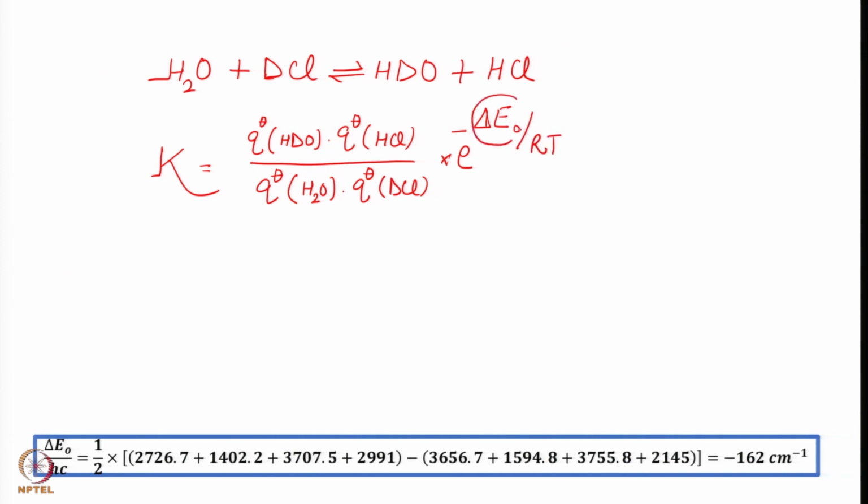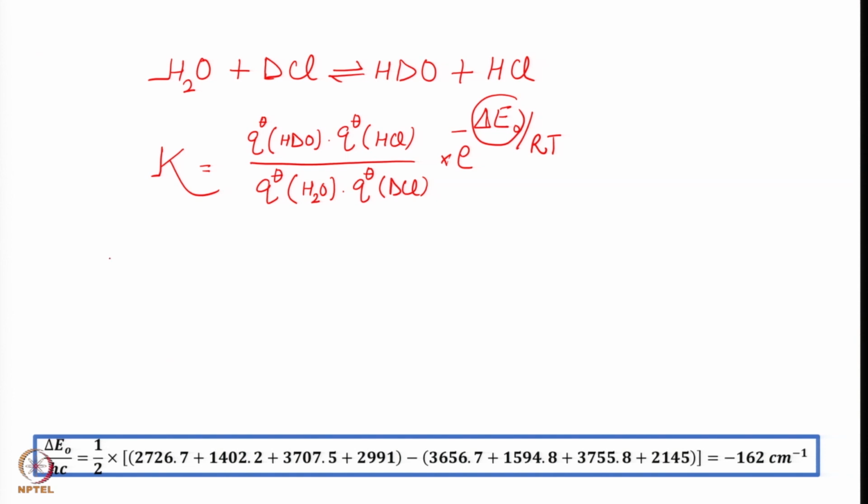Our purpose now is to find out the differences in zero point energies. Remember, what is the value of zero point energy? An oscillator has a zero point vibrational energy, which is equal to half hc nu bar.